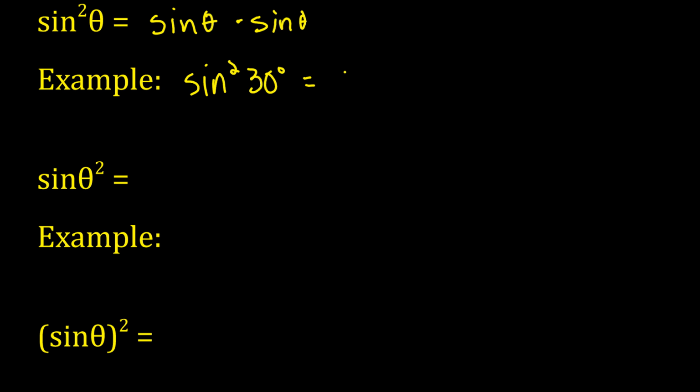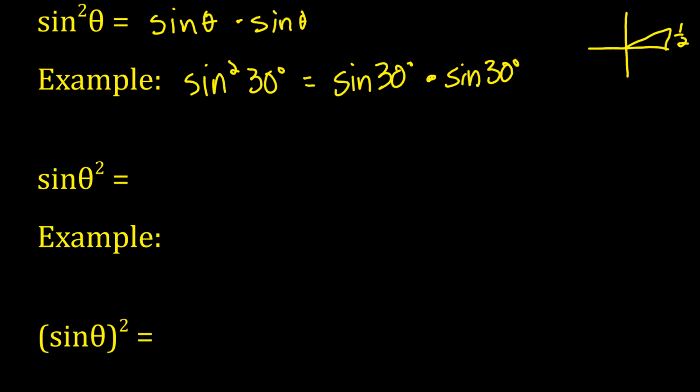This is going to be sine of 30 degrees times sine of 30 degrees. If we think about 30 degrees on our unit circle, the sine is the y value, that is 1/2. So this ends up being 1/2 times 1/2, which is a fourth. So sine squared of 30 degrees is a fourth.